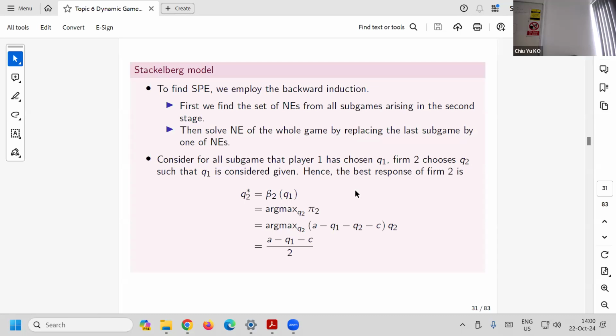Of course, for this to be reasonable, Q1 is between 0 and A minus C. If Q1 is more than A minus C, then it will be 0. The corner solution will appear. But backward induction tells us this is the natural equilibrium outcome, and you put it back into the first stage.